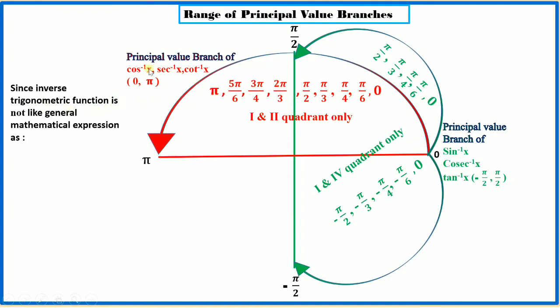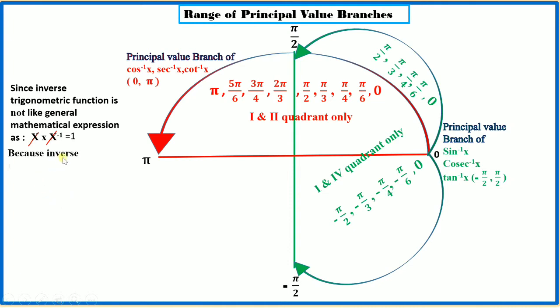These inverse trigonometric functions are different from our general mathematics, the calculations we used to do there. For example, if we have x into inverse of x, in general mathematics we can cancel these two, because x upon x, and then we will have the value 1. But we cannot do it this way in inverse trigonometric functions.